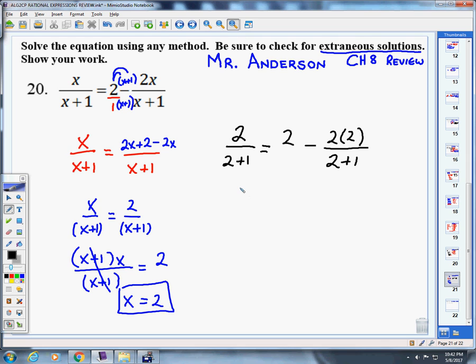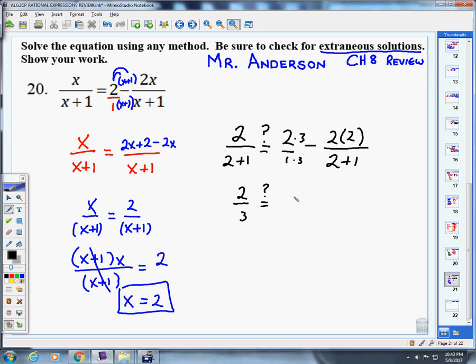Okay, so I've got 2 over 3, and what I'm checking is, do these two sides of the equation equal each other? All right, does 2/3 equal, and I'm going to have to subtract these, so I want a common denominator of 3. This is 2 over 1. I'm going to multiply by 3 over 3.